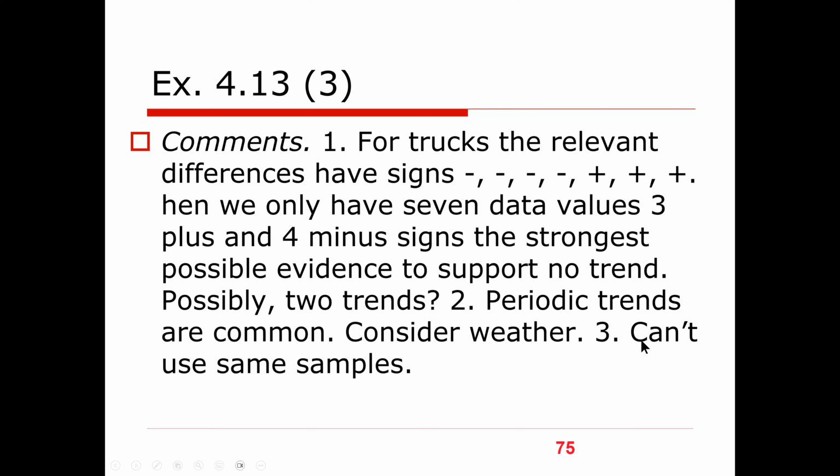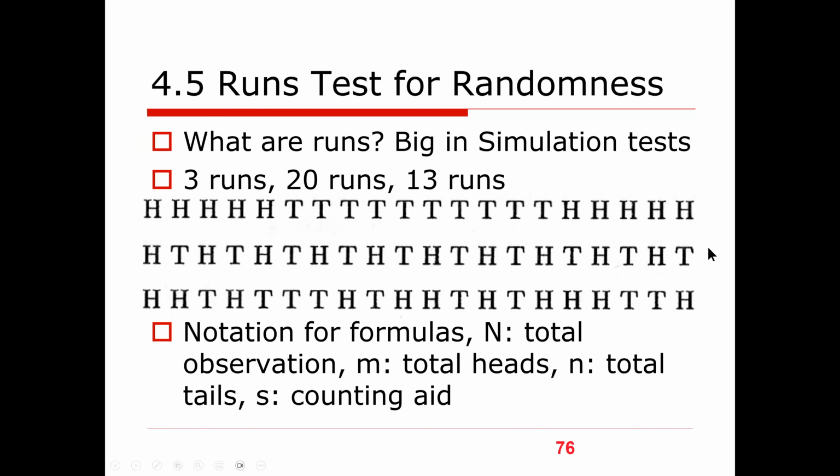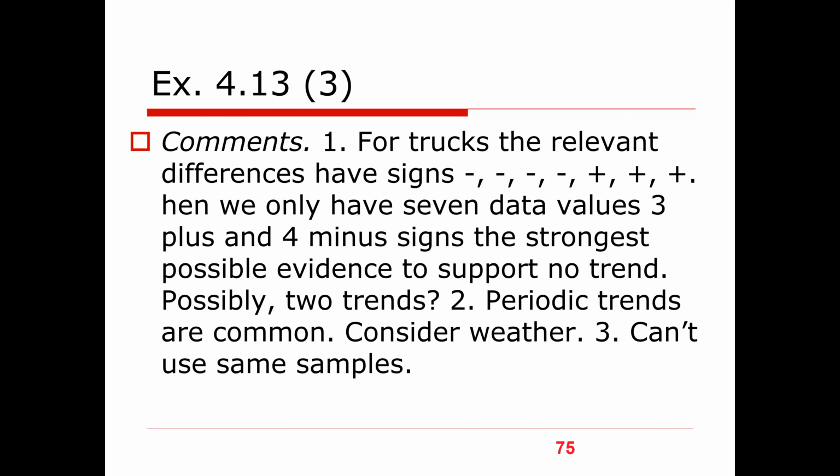Maybe if we change the sample, not from 1970 to 1983, but just choose maybe 1978 to 83, then the result may be different. That leads us to another concern, whether our sample is truly random.